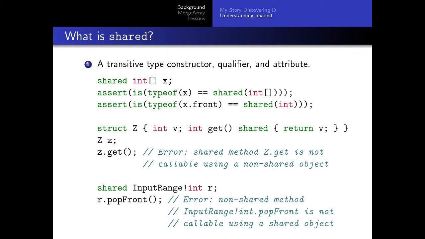If you create a non-shared Z, the compiler won't let you call get on that unshared instance. And similarly, if you try to take a random class type or struct type from Phobos that's not built for shared, make a variable that's shared and try to call one of its methods, it's not going to be a shared method, so you can't call it on that shared object.